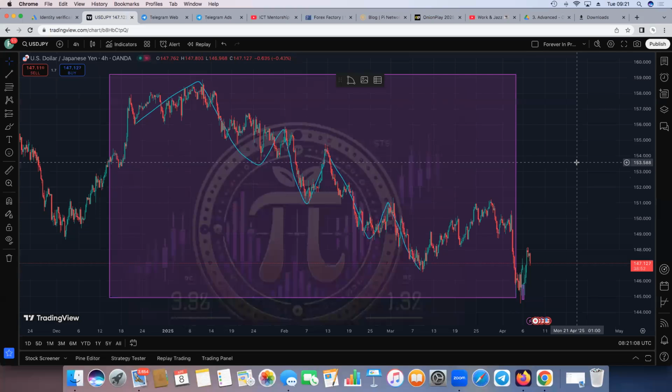Having an understanding of the interbank price delivery algorithm as an edge gives you a bigger picture of 3 months of market distribution that you could use to capitalize from and trade, casting forward where you think the market is more liable to deliver within a specific period of time. Having this edge is very important as a trader because it gives you insight on which directional bias you should be trading within the next 3 months.